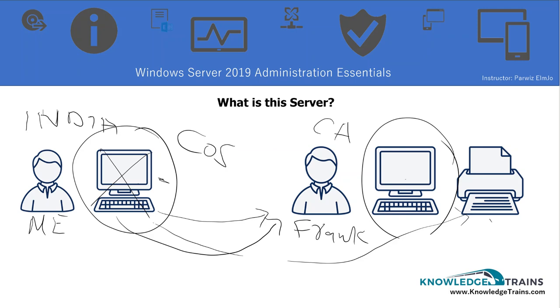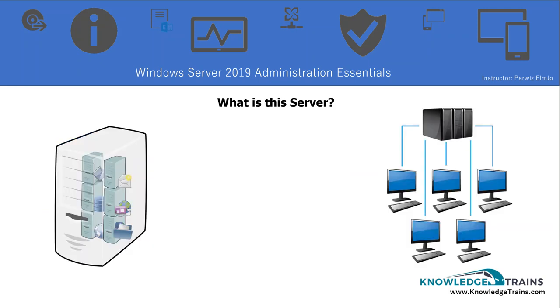Can I do it? The answer is I can actually do that, but if we really want to bring something special in place, that is actually a server. The server is going to help us do all those things. In this diagram, you can see that I have one, two, three, four, five computers.